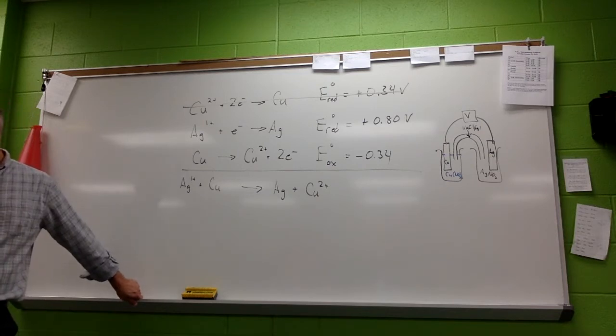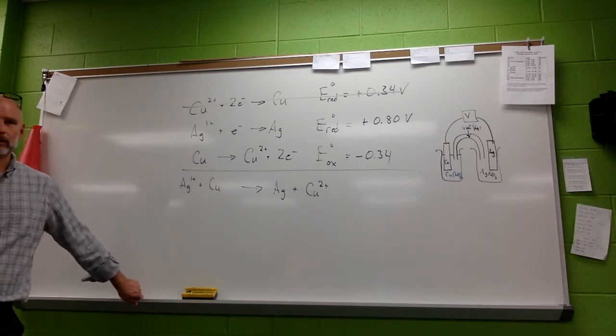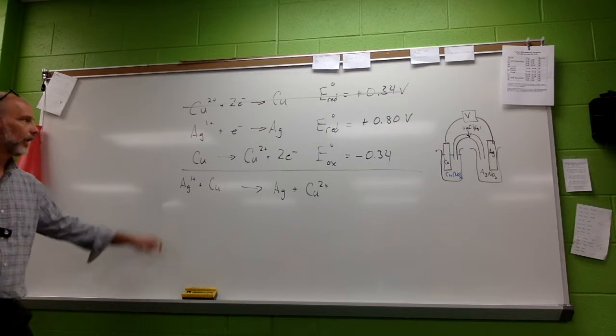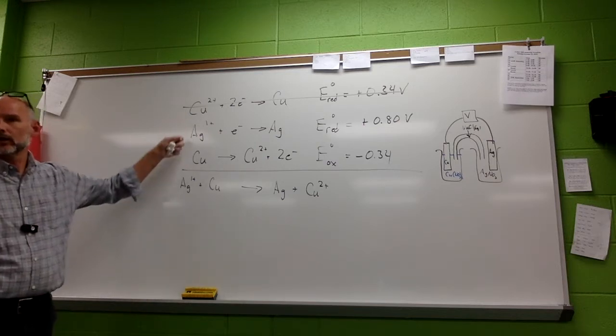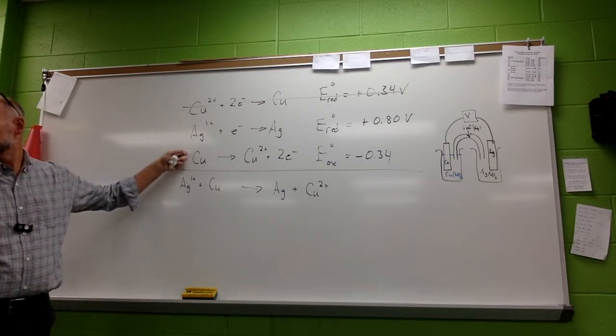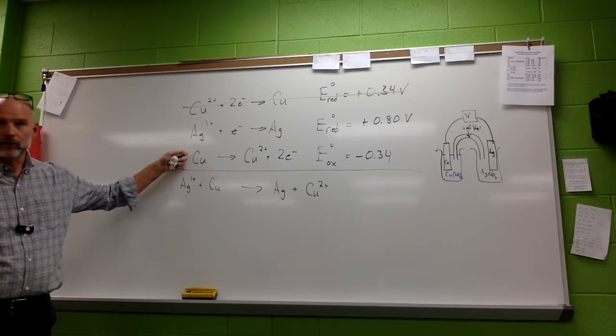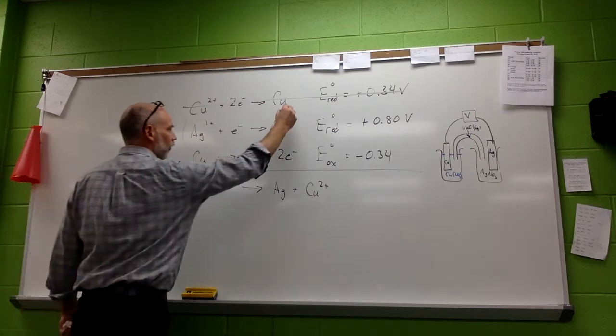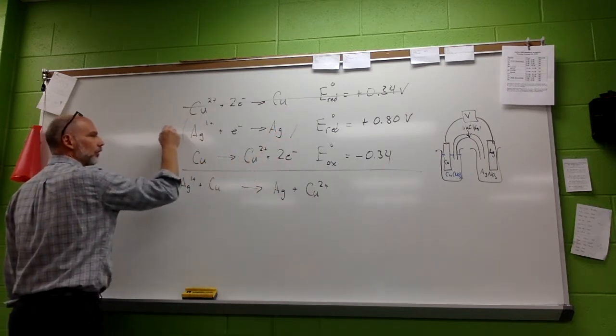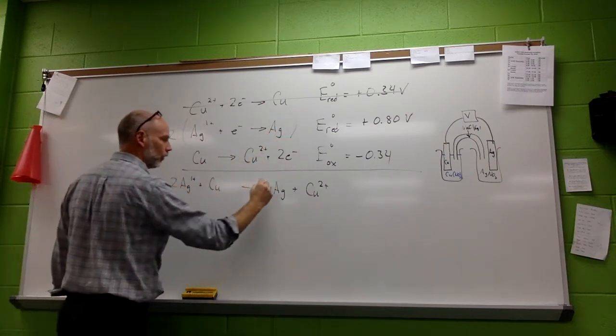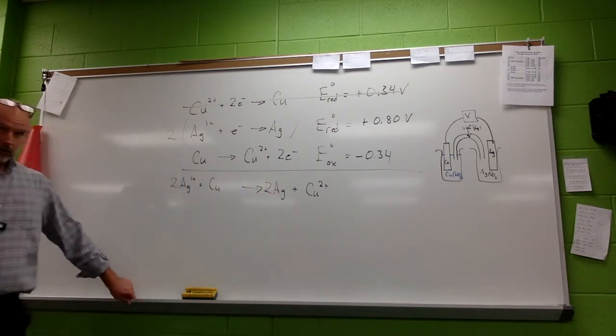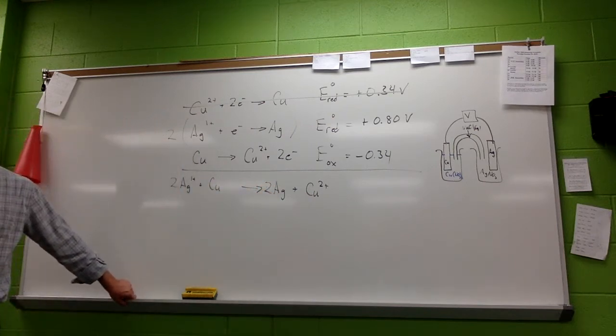However, does the electron transfer equalize? Yes, no, or maybe? No. So we're going to have to multiply this process by 2. So it's 2 silver ions forming 2 silver atoms.